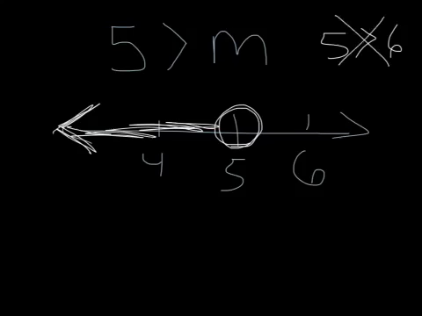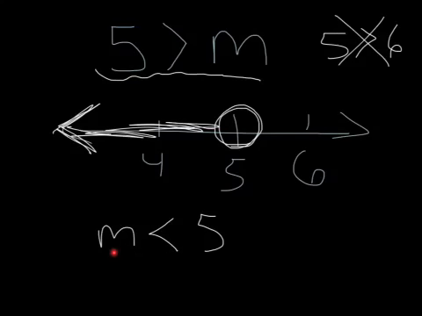So, if you ever have the variable on the right, and if that's confusing to you, you can always flip it around. So 5 is greater than m. We can also say that m is less than 5. Notice the small end is still pointing towards the m. So it's the same thing. It's just a little easier to visualize when we're graphing.